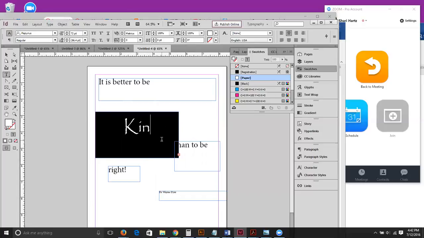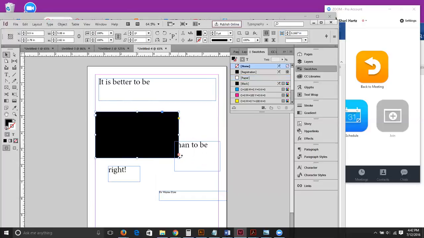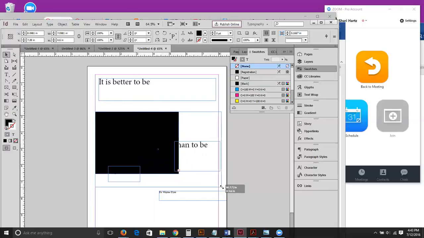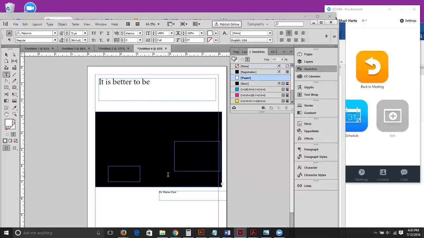Well, the reason I was asking is because in the assignment that we did last week, one of the things that I did was I did some blocks, and then I put a color in each of the blocks.